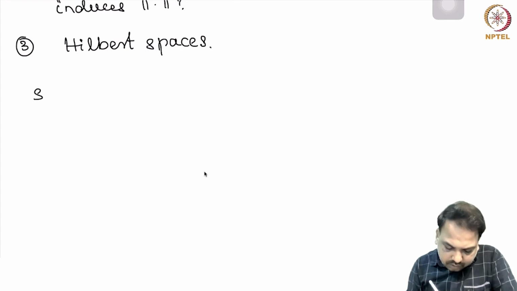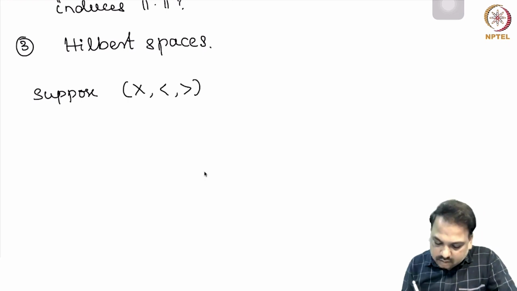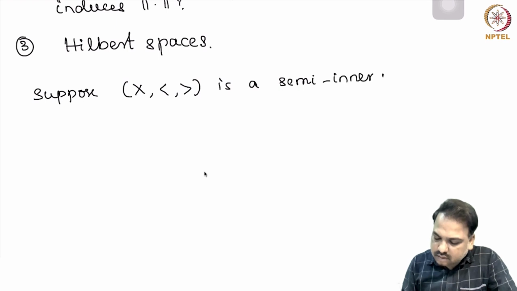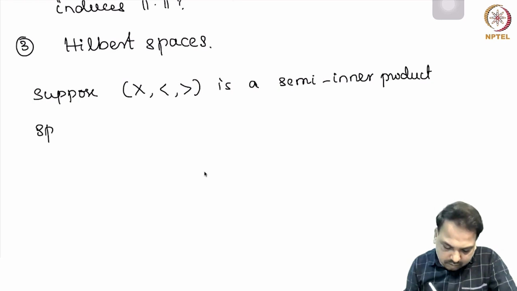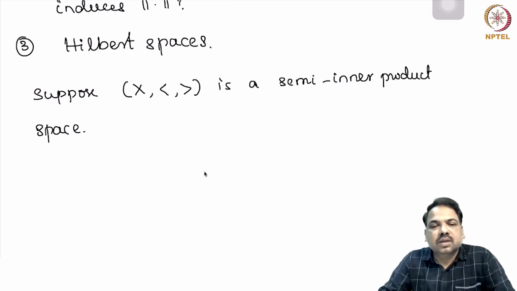So suppose X with this 2 variable function is a semi-inner product space. That means there may exist vectors such that the semi-inner product of that vector with itself is 0, but the vector is non-zero.